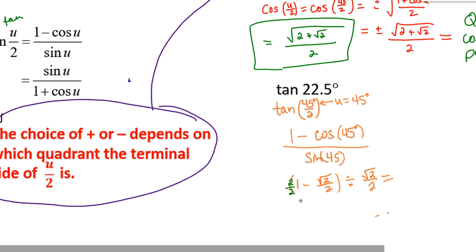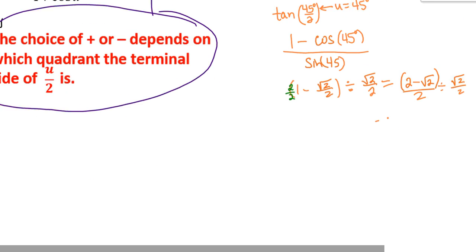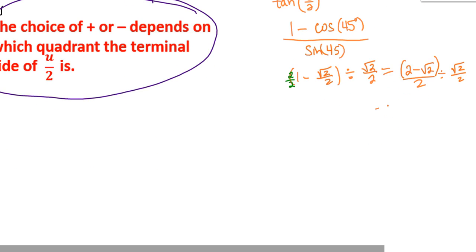So we've got inside here 2 minus square root of 2 over 2 divided by square root of 2 over 2. Then we flip that second one. So we're at 2 minus square root of 2 over 2 times 2 over root 2. Those cancel, and we're at 2 minus square root of 2 over square root of 2.